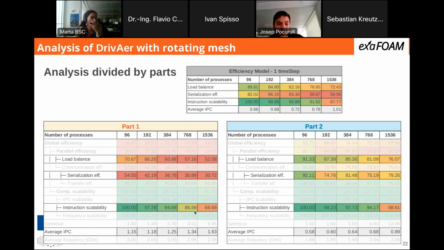In the instruction scalability, both parts are problematic, because we see that when they reach 768 ranks, the metric starts to go down. And so we started the analysis of the load balance in part one.